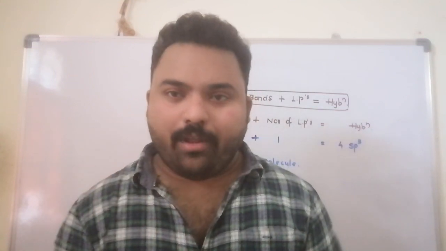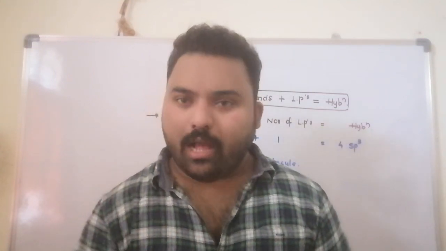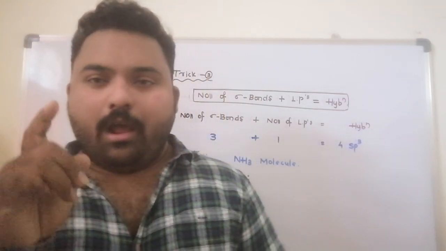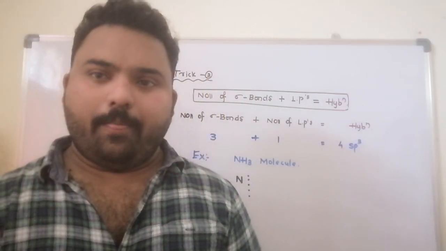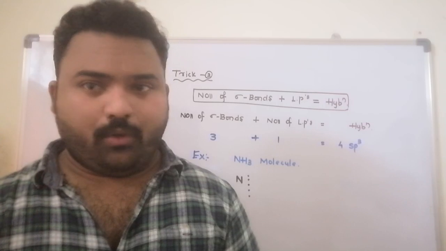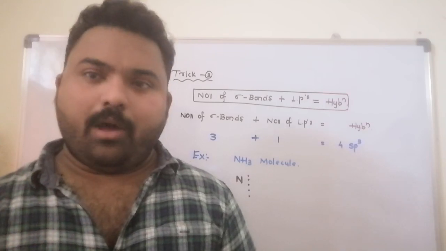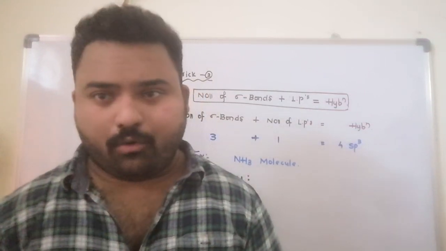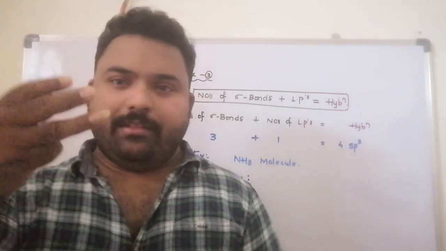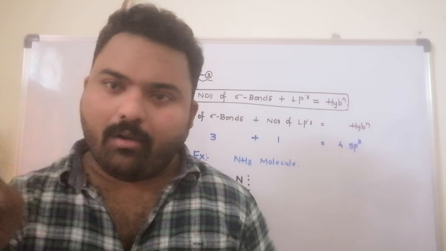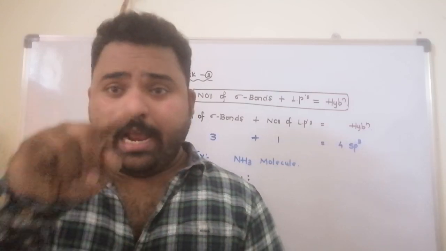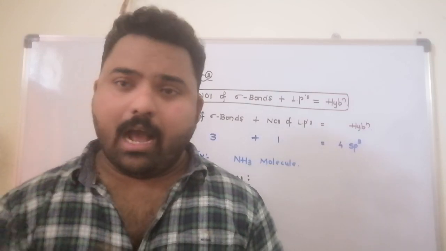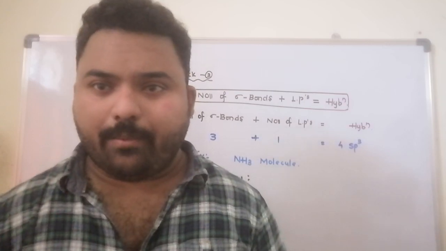NH3 is ammonia, and in that, nitrogen is the central atom. Nitrogen belongs to the 5th group, or 15th group, so it has a total of 5 valency electrons. 3 valency electrons are bonded with 3 hydrogens, and the non-bonded electrons, 1 lone pair, are present.